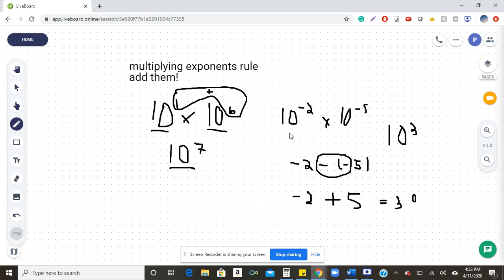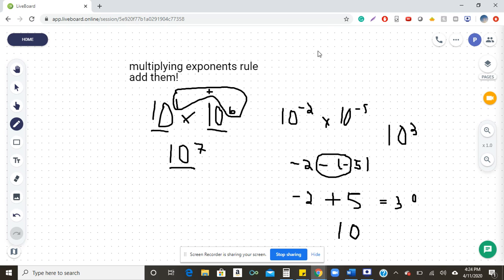Again, here, if you have negative exponents, what do you do? You remember your rules from way back in pre-algebra, and you just bring down the 10, and you take the negative 2, and then you just subtract.